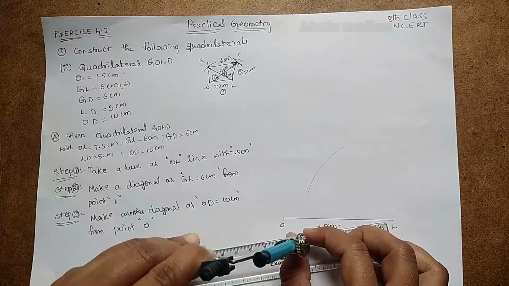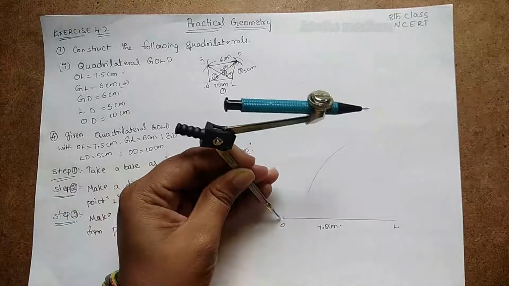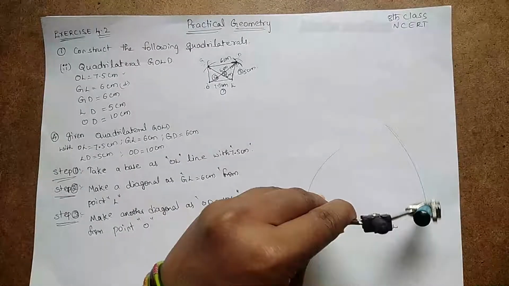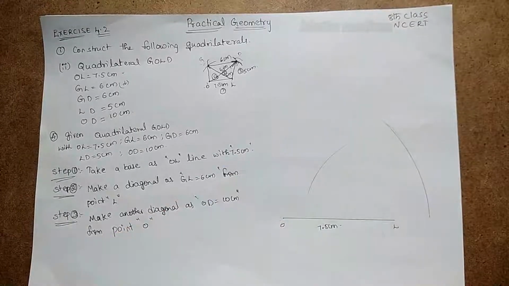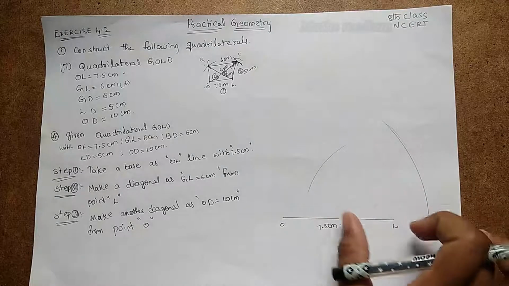So this is 10 at O, and make an arc like this. So here are the two diagonals we have.